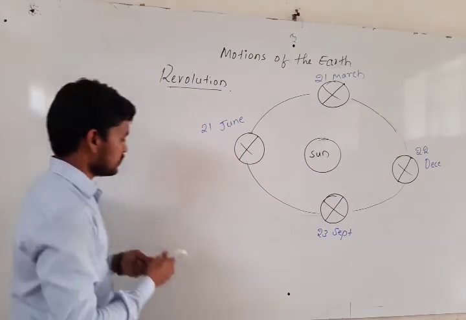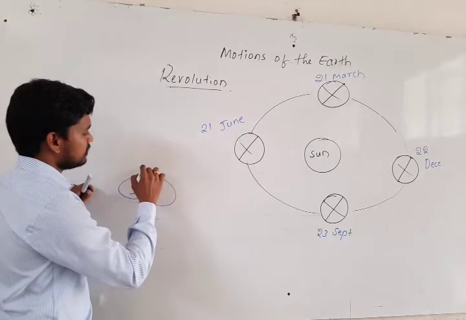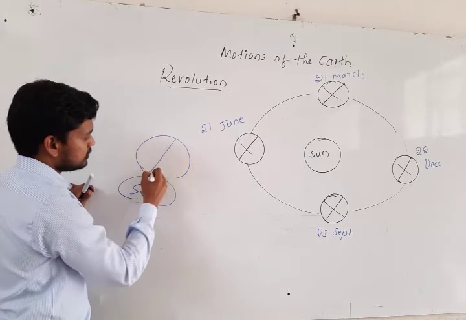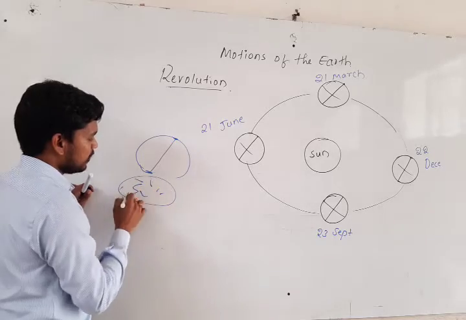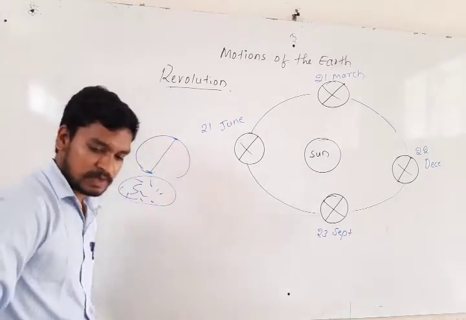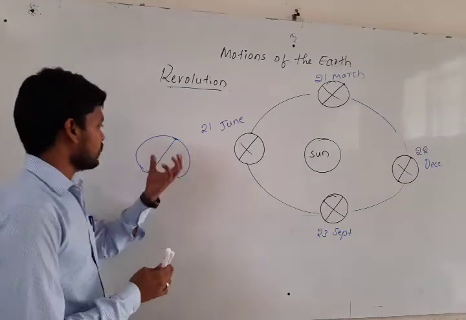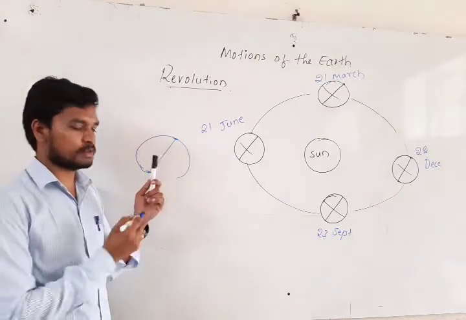Suppose here we have the Earth and the Sun, and the Earth is somewhat tilted, with a northern pole and a southern pole. Suppose the Sun is here.